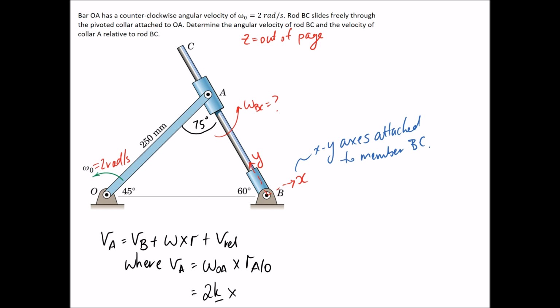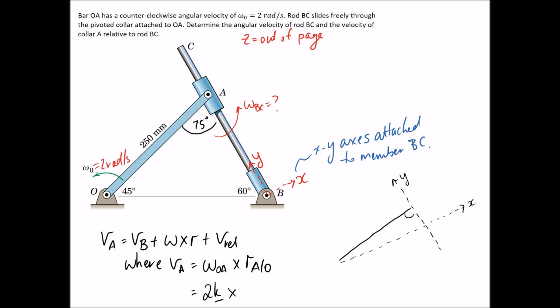From that we should be able to draw this member here. This is where the y-axis lies, and if I draw the x-axis on, we know it's 90 degrees to this. So this is y, and this is x.